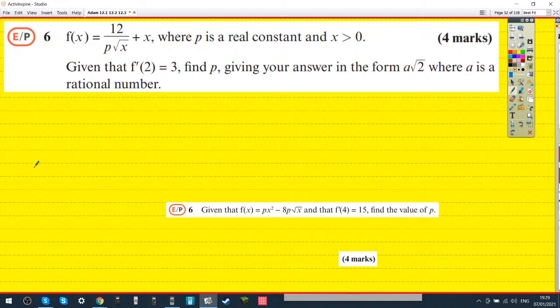So would you need to substitute 2 and 3 in for x? The f of 2 will be subbing 2 for x. You need to sub 2 into the f dash of x. So this up here is the f of x. First you need the f dash of x.